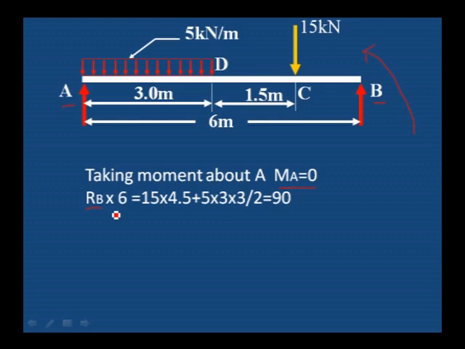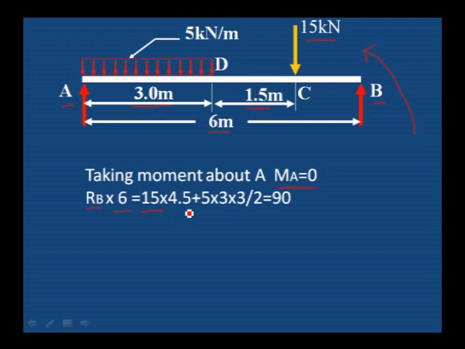RB into 6, where 6 is the span given in the problem, which is anti-clockwise, must be equal to this vertical point load 15 kilonewton into the distance from A to C. A to C distance is 3 meter plus 1.5 meter, that is 4.5 meter.